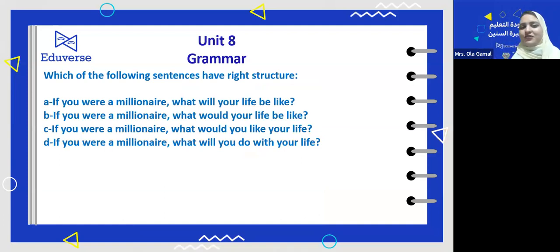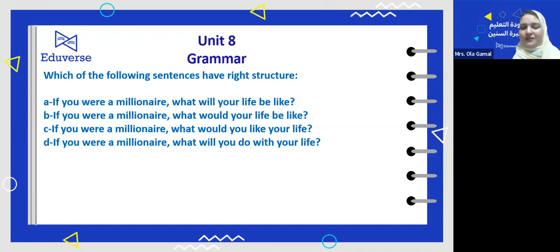Now, let's concentrate here to find which of the next sentences has the right structure. If you were a millionaire, what will your life be like? If you were a millionaire, what would your life be like? If you were a millionaire, what would you like your life? If you were a millionaire, what will you do with your life?